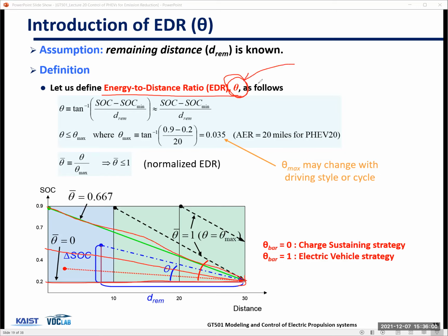So that was something new, and then when it comes to extracting DP solutions, I used two variables that we didn't talk about before. That is this energy to distance ratio, theta, and converter temperature. Okay.